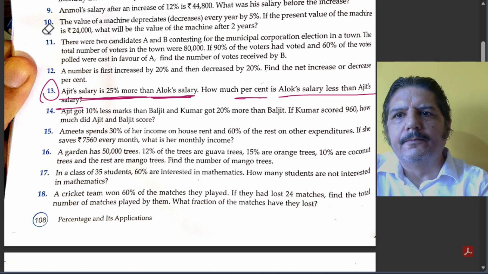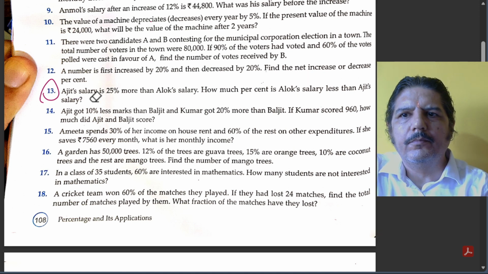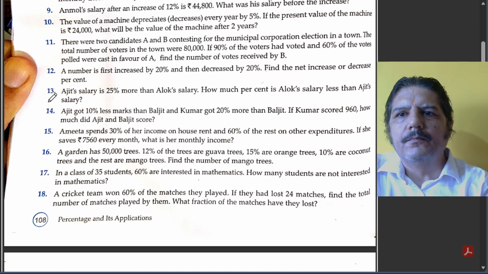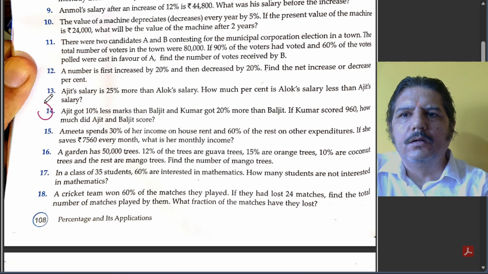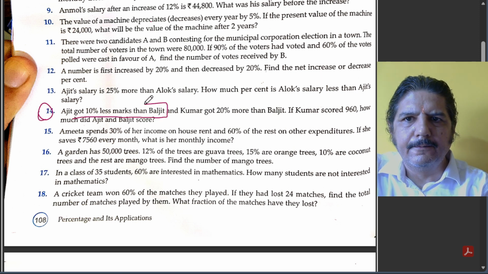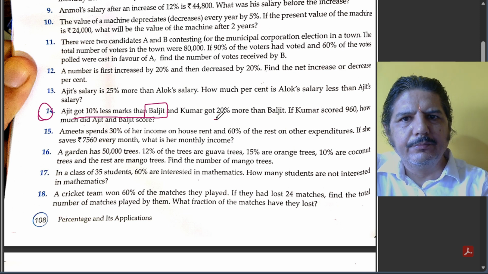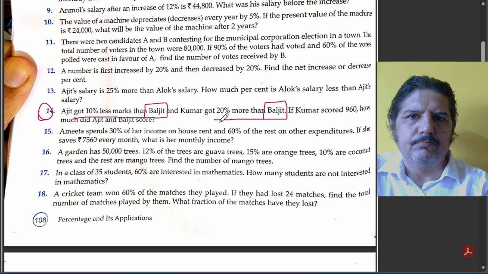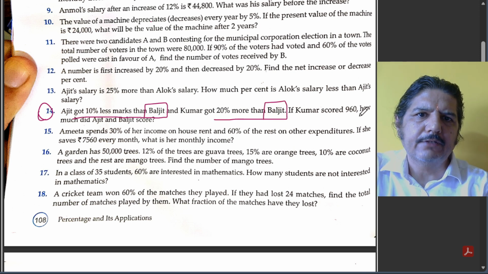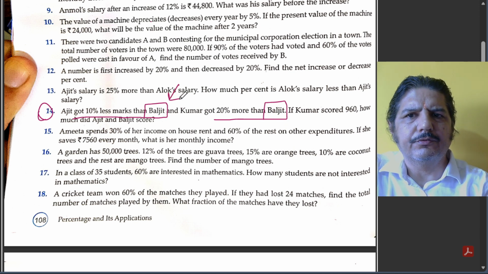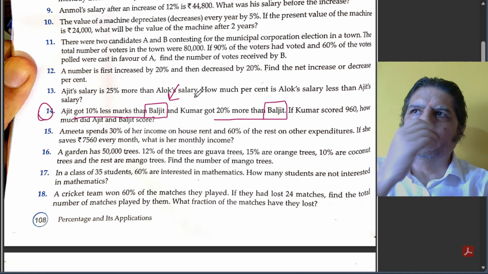Question number 14. Ajit got 10% less marks than Baljit and Kumar got 20% more than Baljit. If Kumar scored 960, find how much Ajit and Baljit score. So in these kind of questions, you find which is the common.